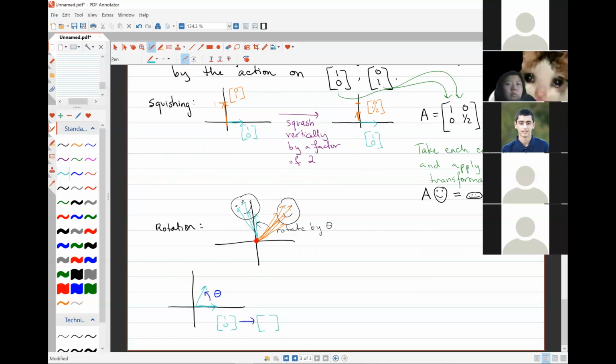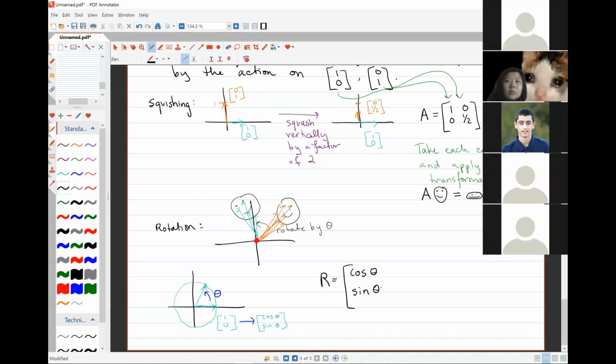Both of those things have length 1, so that means they're pointing at points on the unit circle. So whatever this theta is, I know that the x-coordinate of that point is cosine theta, and the y component is sine theta. All right, so that's one of them. That's going to be our first column in our rotation matrix. So R is going to be equal to cos theta, sine theta.